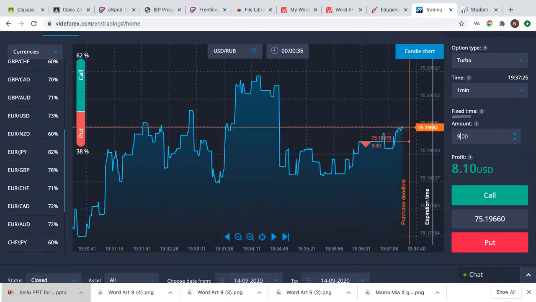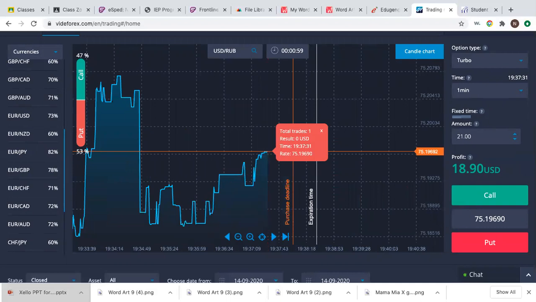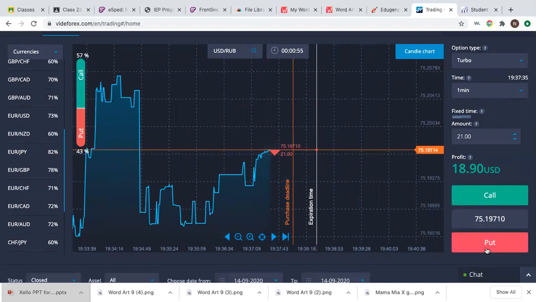So it looks like this one is not going to win as well. I'm going to double up to 21 to make sure that I make some money. 80% on a put.